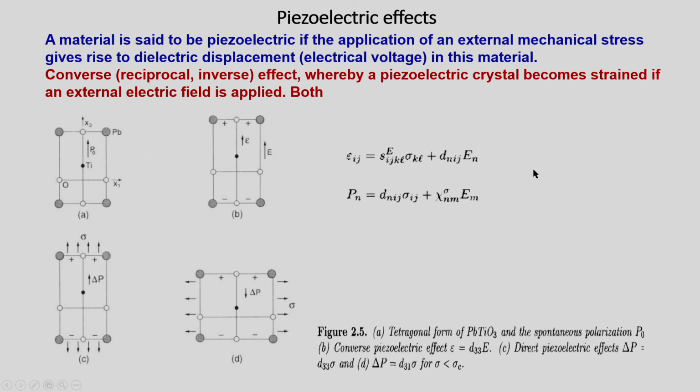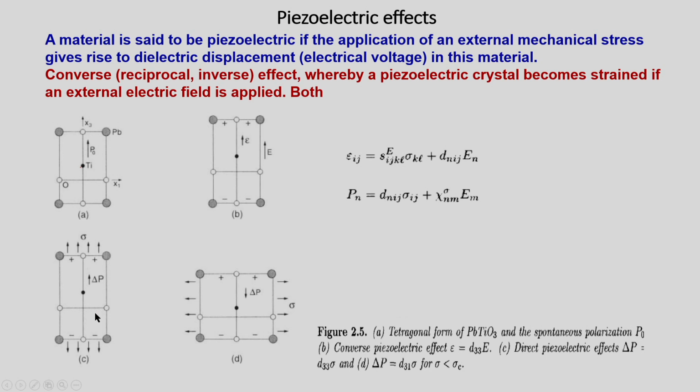So, for that purpose we will have constitutive relations. If you talk about lead titanium oxide, initially this happens because the structure is not symmetric, basically a slightly stretched position, so it is not at the center.